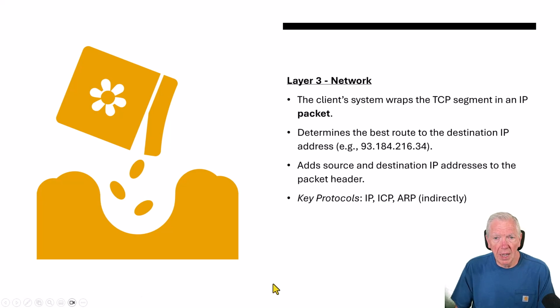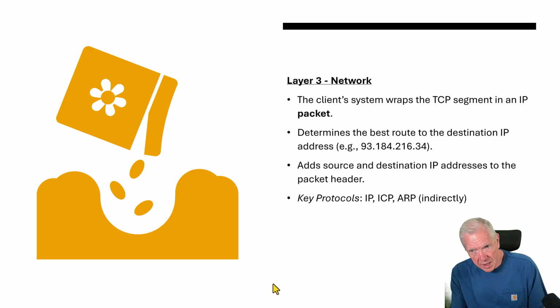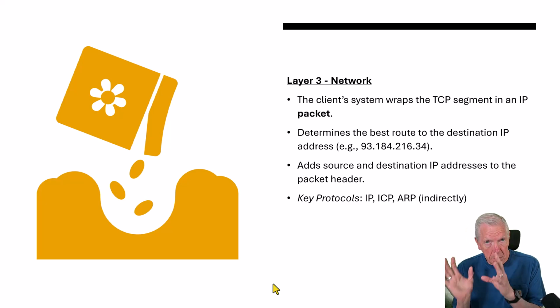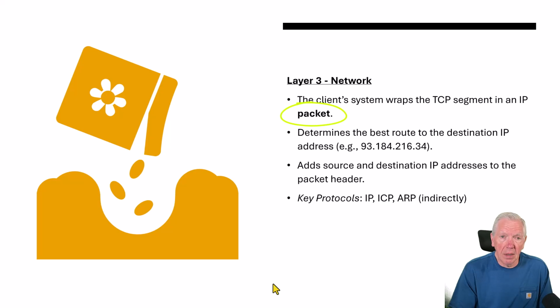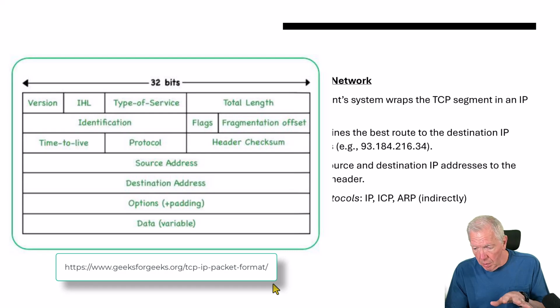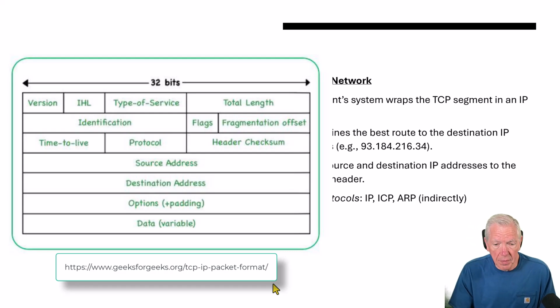Now at the network level, the client system wraps TCP segments into what are called packets. And if you're going to go into cyber, you really want to know what these packets look like. There's a whole bunch of sections to packets, and they have different areas that can be loaded up with different information.